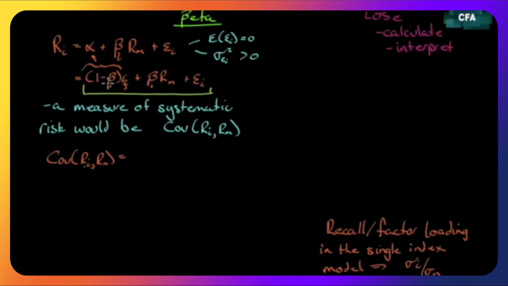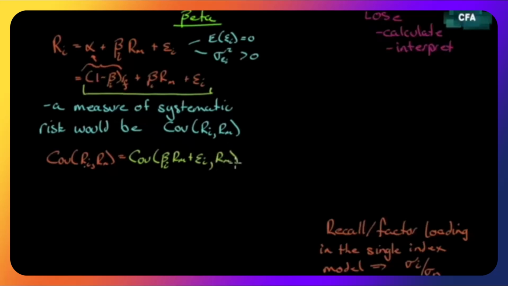We only want the part that fluctuates, so we can just drop that out. This is the only term that we want. So we're looking for the covariance between the return on I, which is beta I times Rm plus epsilon I, and the return on the market. That's the covariance we're looking for. All I did was expand Ri. Well, we have a plus sign in here.